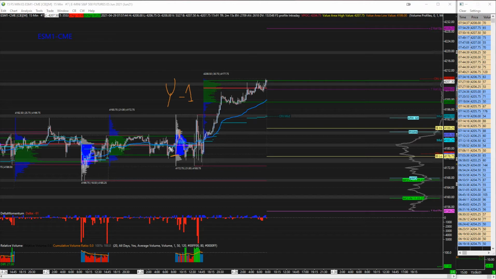I would have taken it over the mid, crossing normally, but this time, because it's being so sluggish and so choppy, I didn't buy it so early. Once we took out the opening swing high I bought it, and then of course it immediately sold off and got to its choppy self.